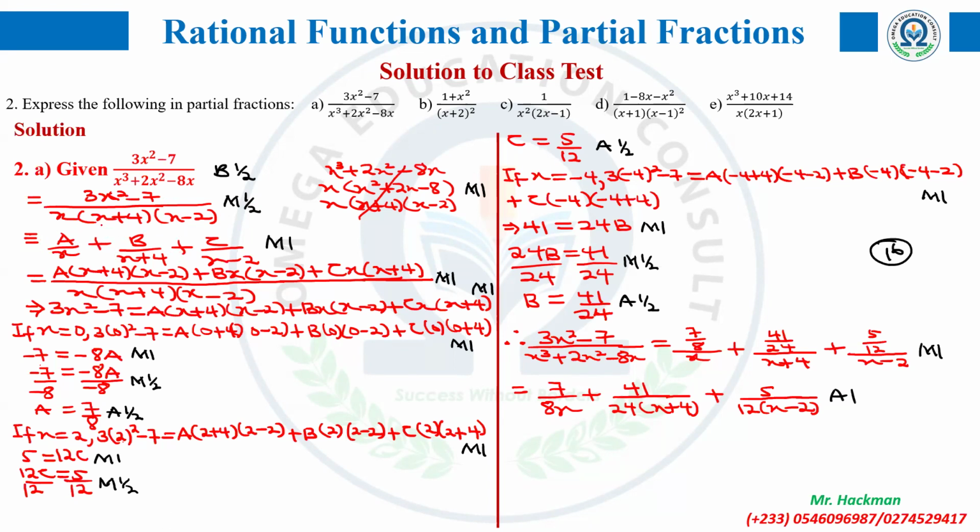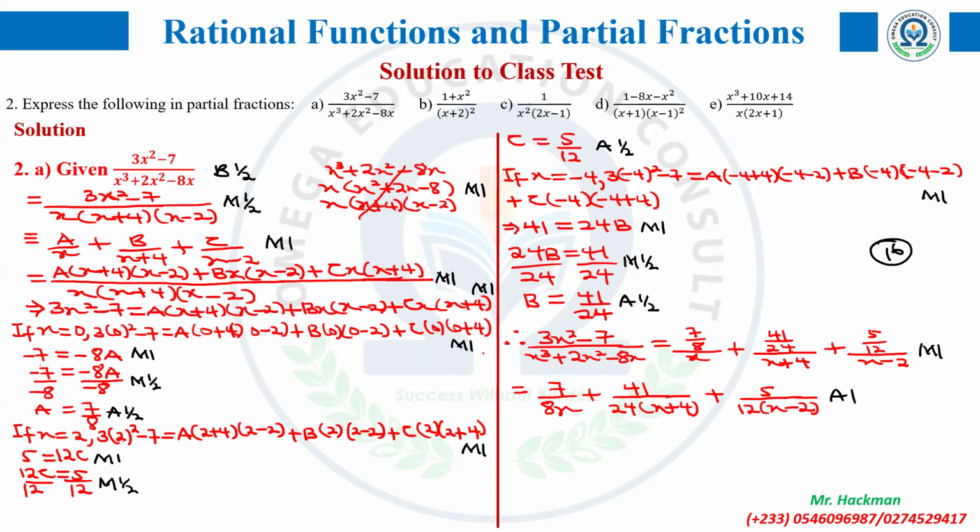So at this point, I know I have 3 factors, all linear, and none of them is factorable. That will give me 3 fractions, one for each linear factor. So I can now write my identity. It is identical to A over S, which is coming from this one, then B over S plus 4, then C over what you have there. That will also give you M1.